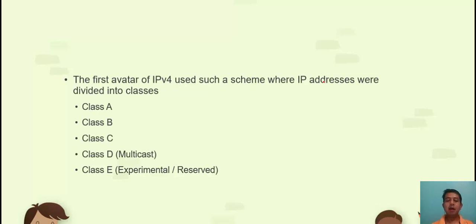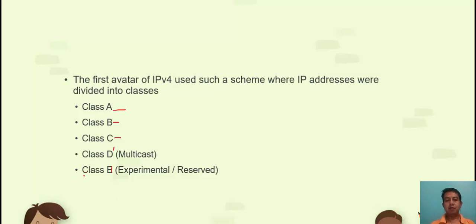Remember, IPv4 addresses are 32 bits in size, so there is a possibility of having 2 to the power 32 IPv4 addresses, and all these addresses were divided into 5 classes. They were named class A, class B, class C, class D, and class E.